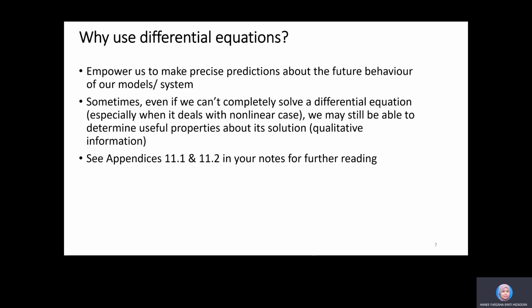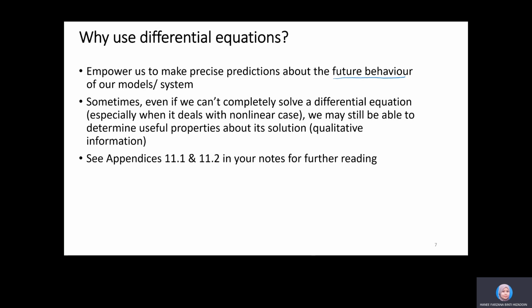So why do we use differential equations? They give us the power to make precise predictions about the behavior of our models or systems, because we don't just have an equation, but a differential equation with respect to something: with respect to time, with respect to the length, with respect to the distance. So we can know how the variable behaves with respect to the independent variable.